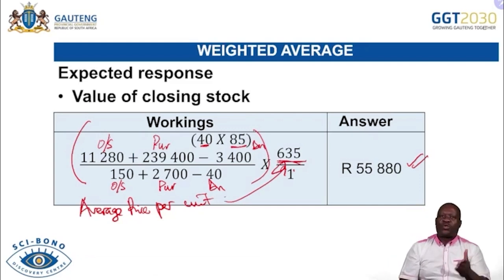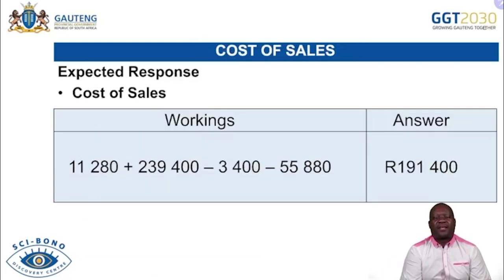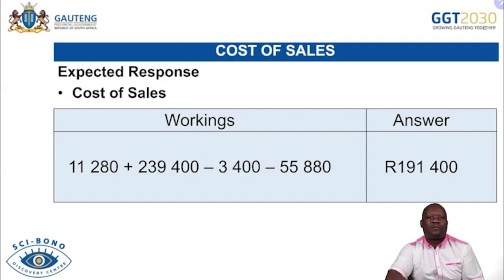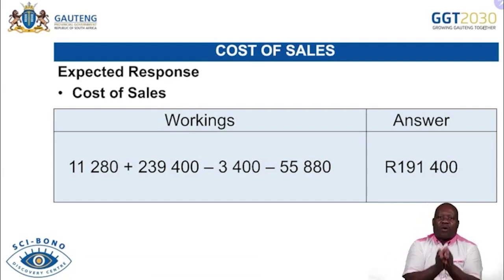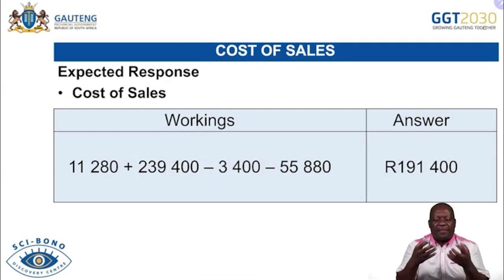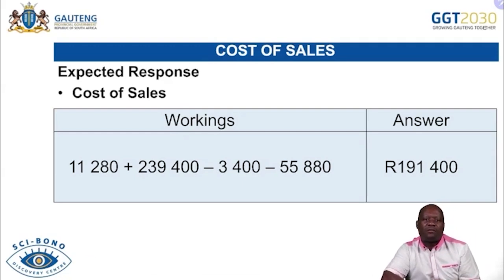Before we move on to calculate the other required items, remember 3 methods. Specific identification, specific price per item. FIFO. The assumption is our closing stock is made up of the last units bought into the business. In other words, the last batches dominate our closing stock.